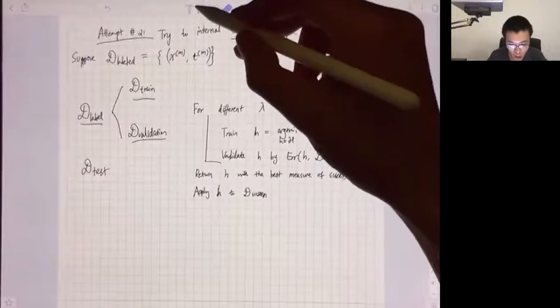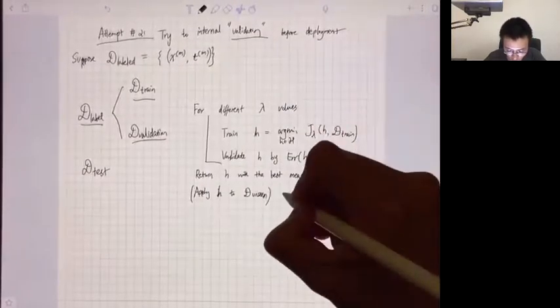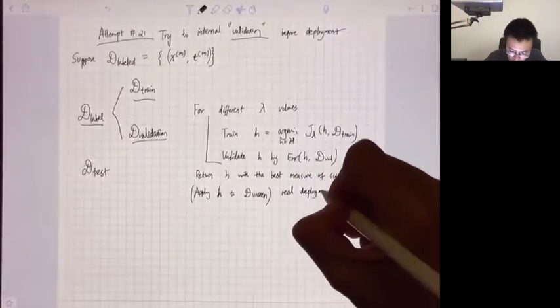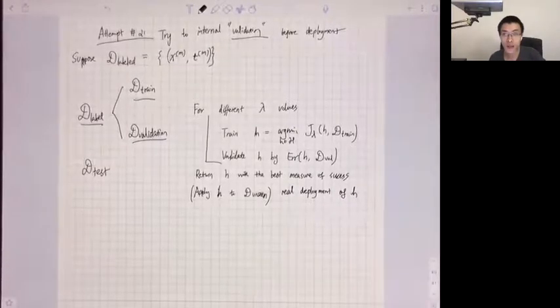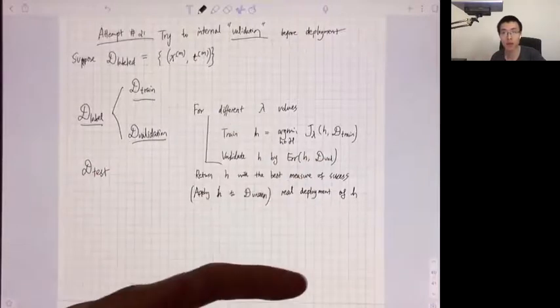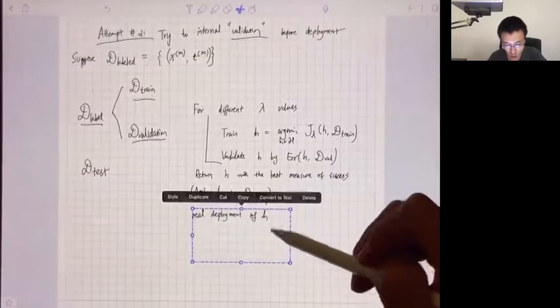By the way, in industrial applications, this step may be a real deployment of h, right? You say, I have some applications and I validate it very well, and then I deploy it, okay? I deploy the best one, I have no other choice. Even if it's by luck, I only have this model, this is my best choice, then I deploy it. Or sometimes you want to have an estimate, then you still apply it, right?